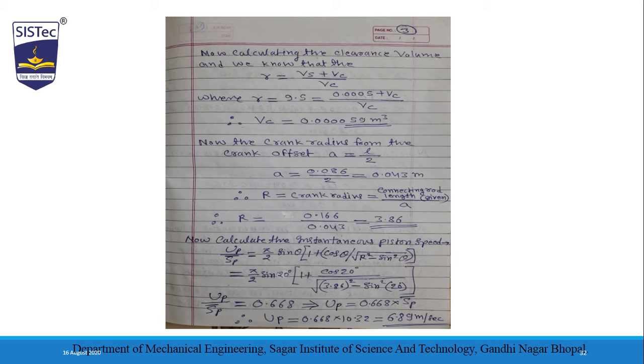After putting in the values, theta is already given as 20 degree, and R value is 3.86, and theta again 20, the instantaneous piston speed is 6.89 meter per second.